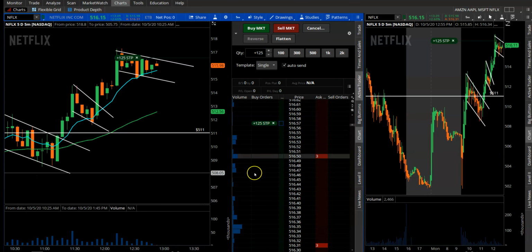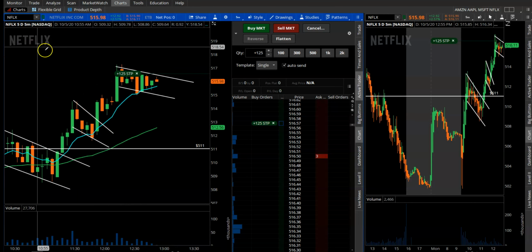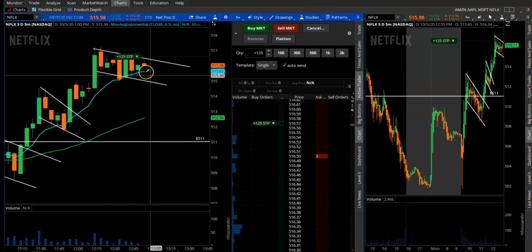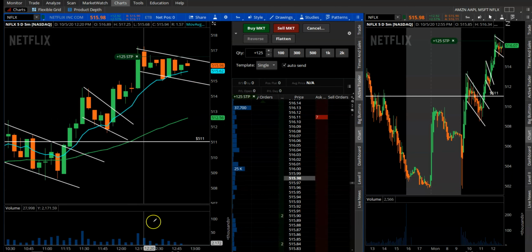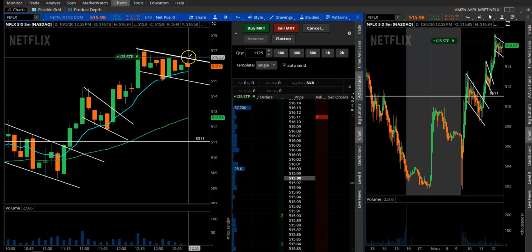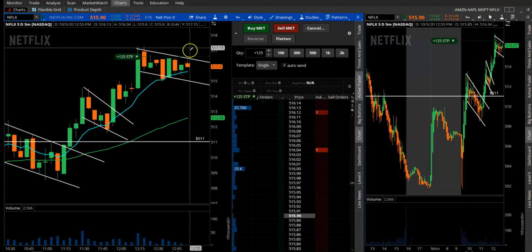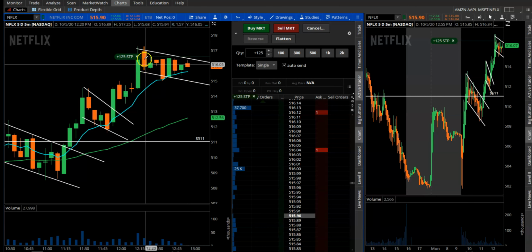So basically I'm trying to play a scalp trade above this flag, and I'm anticipating that it would just break out quickly and give me some little move to the upside, right?